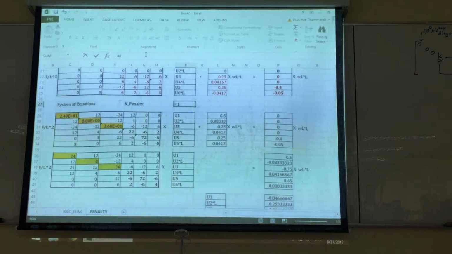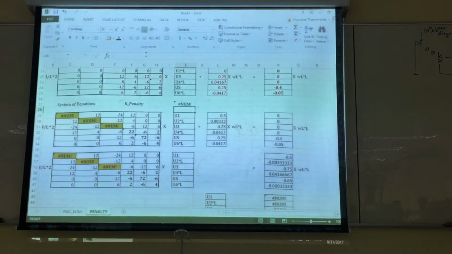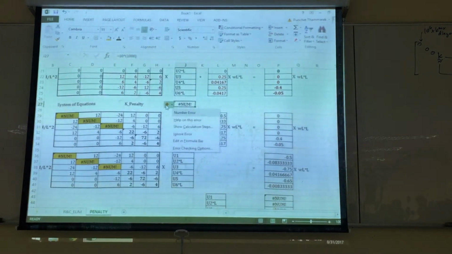Now it's in trouble. It doesn't recognize this number. That is not good. Okay, number error.